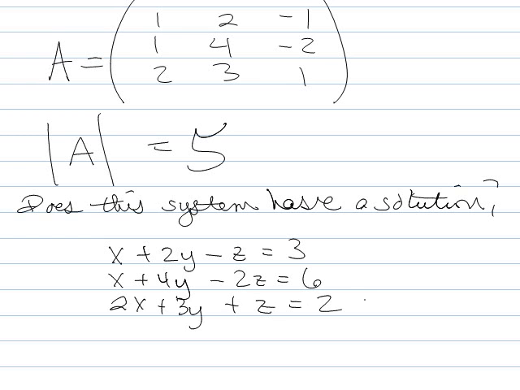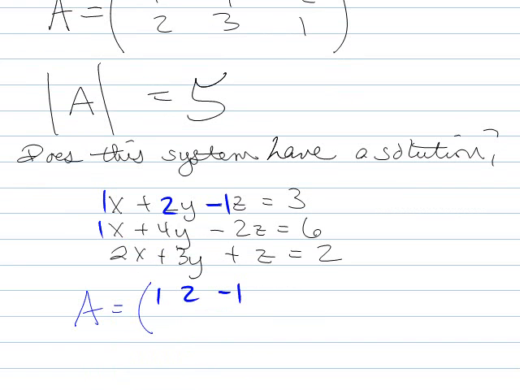Does this system have a solution? And if I'm not actually asking you to find it, I just want to know, does it have a solution? You say, well, let's find A. A is going to be 1, 2, negative 1, 1, 4, negative 2, and 2, 3, 1.